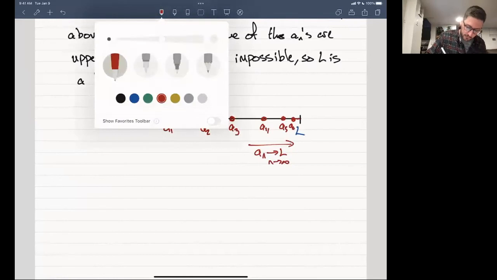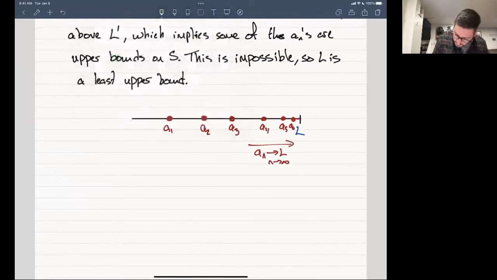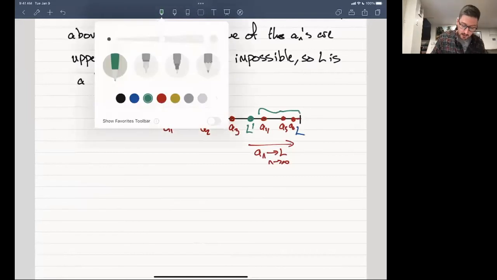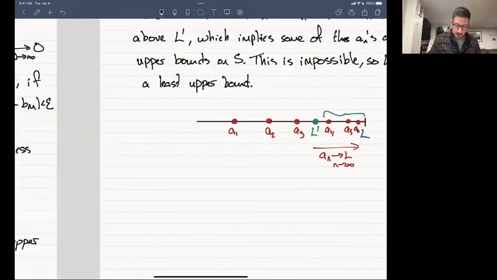If you tried to take another, say L prime, you're going to get all of these An's above you. And since L prime is an upper bound, all of those An's are also upper bounds. If I say there's no one in the room older than 80, then there's also no one in the room older than 90. And so this is obviously not true.